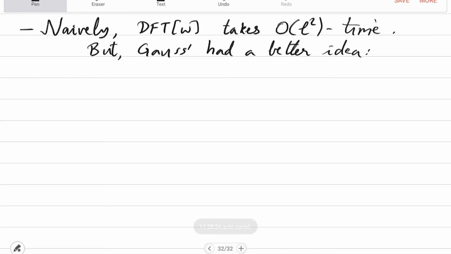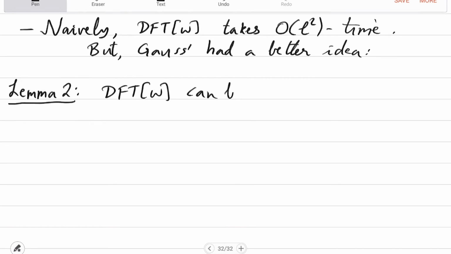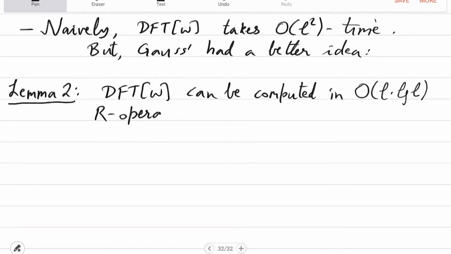So what you get after that is the statement that DFT omega can be computed in order L times log L R operations. Okay, so instead of L square, you will get L log L.